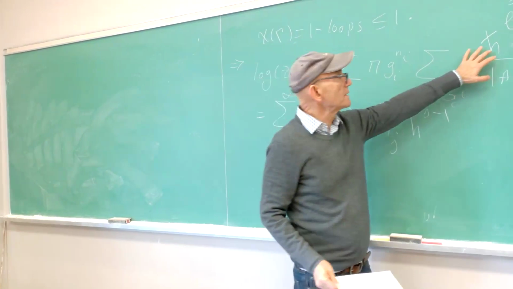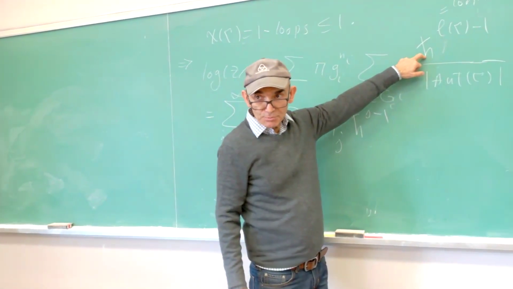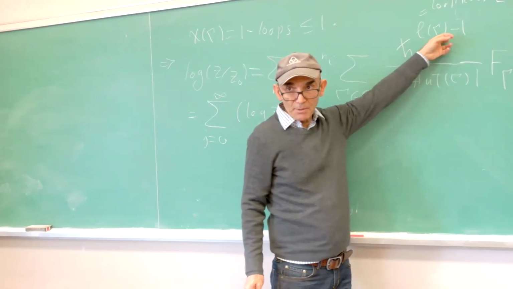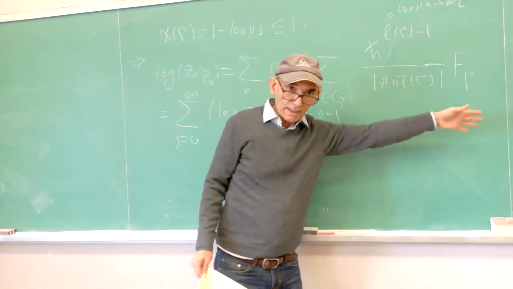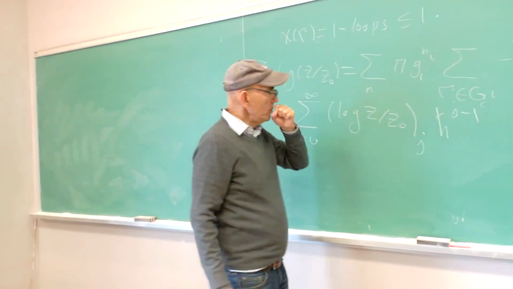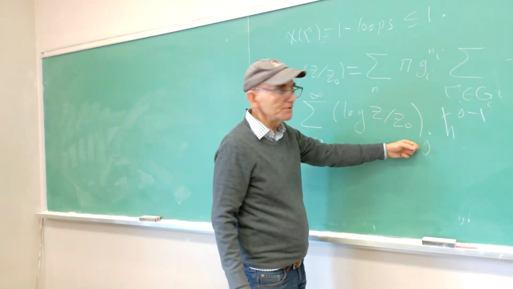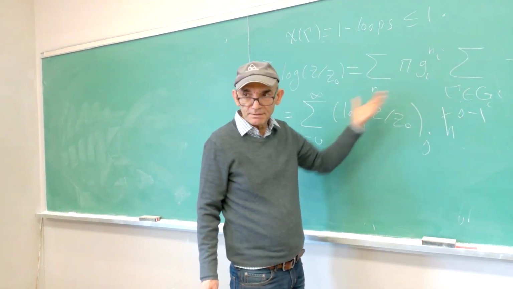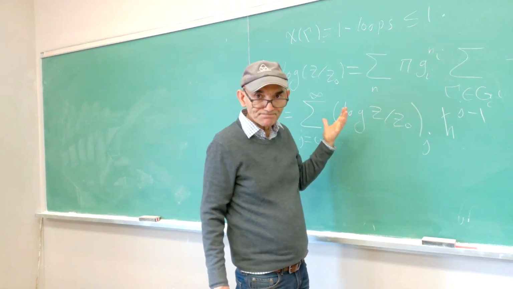Now we organize and isolate h bar to the power of j minus 1, where j is L of gamma, and then expand in terms of this h bar. The coefficient is the jth component, where j is the number of loops.